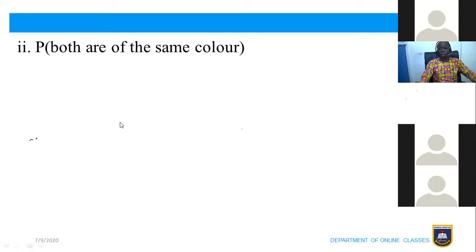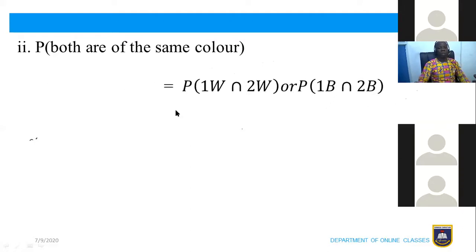Let's look at the suggested solution. Boku Eunice, what is your answer? Now, this is equal to the probability of having the first ball being white and the second ball being white, or the probability that the first ball is blue and the second ball is also blue.